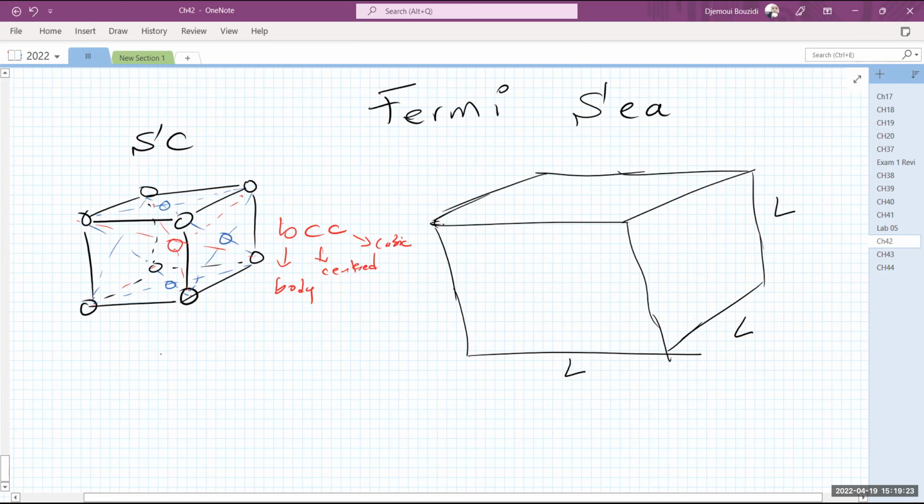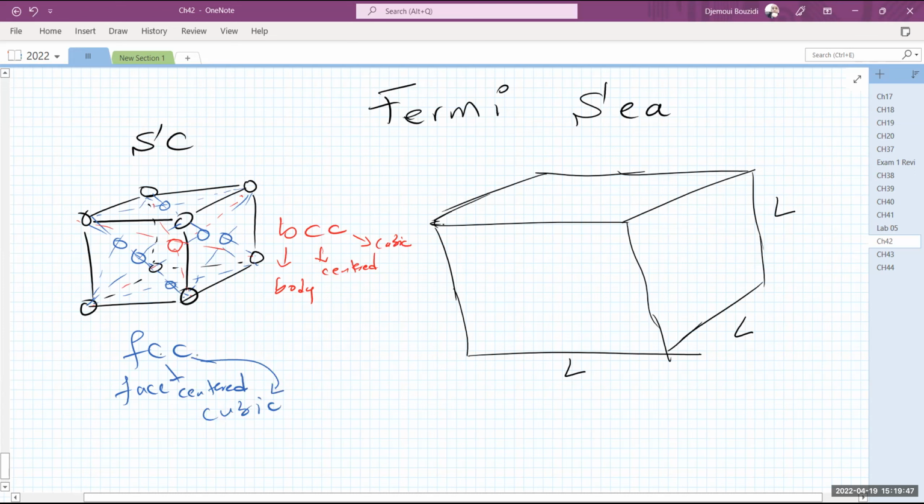So there are 6 surfaces, so you should be able to have 6 different individual atoms inside of them. This one is called an FCC, or a face-centered cubic, okay?